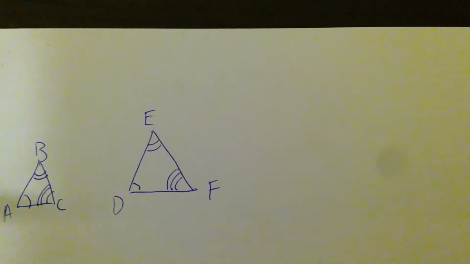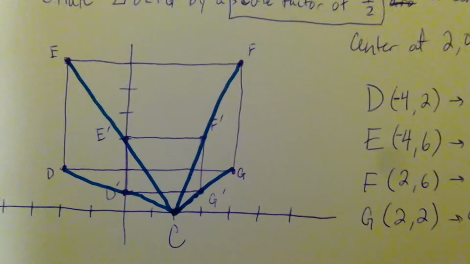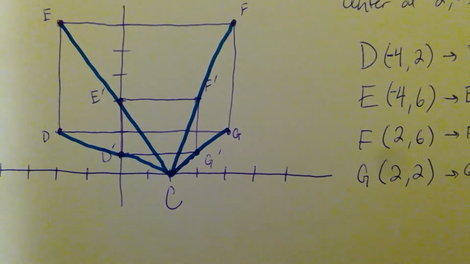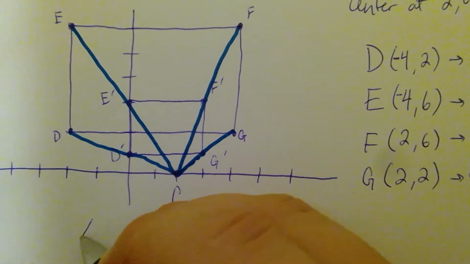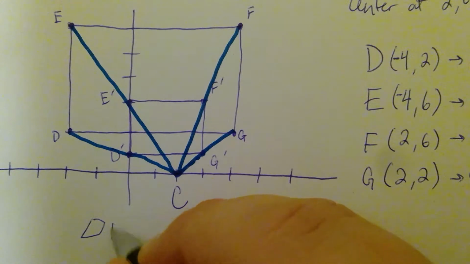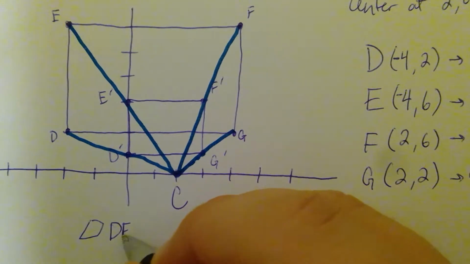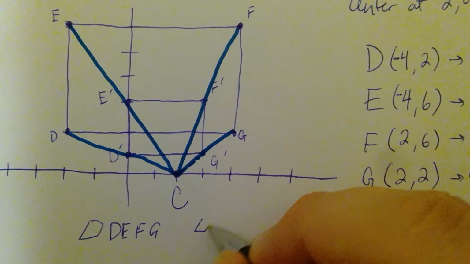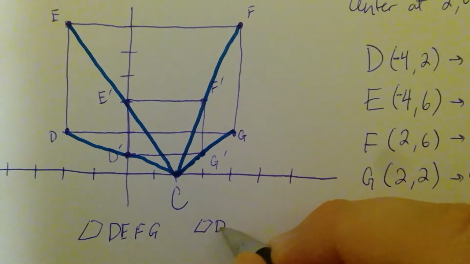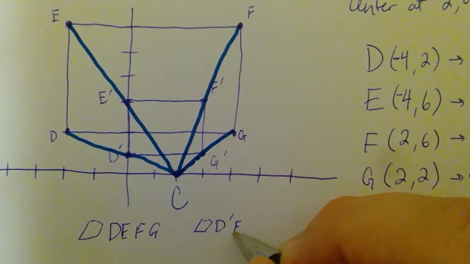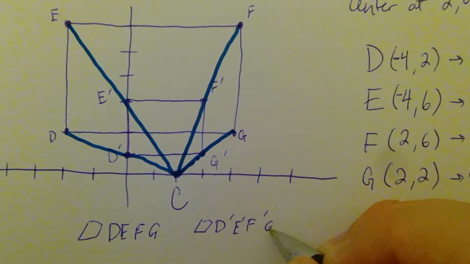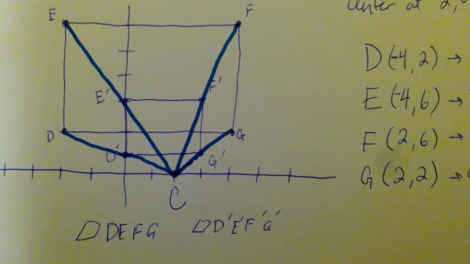So in our dilation video, we took a look at this dilation where we had quadrilateral DEFG and quadrilateral D prime, E prime, F prime, and G prime.